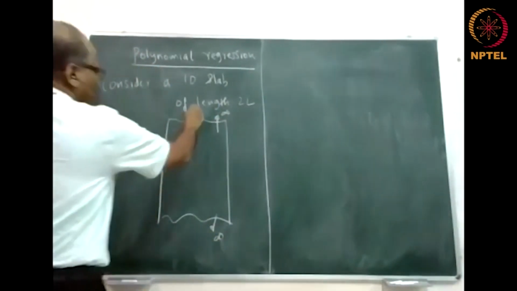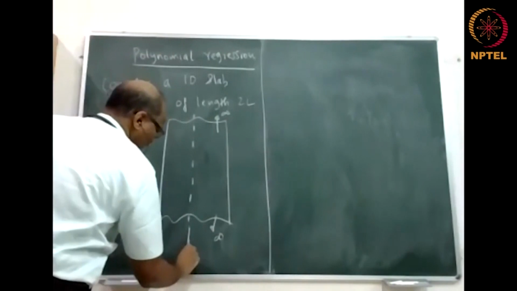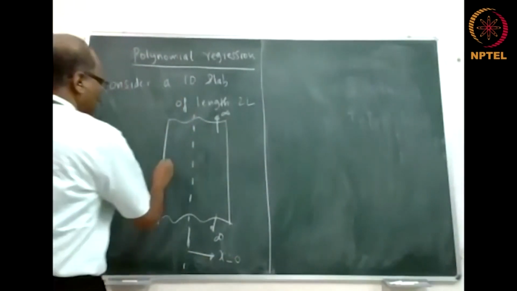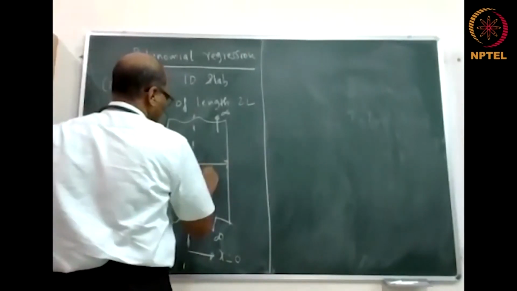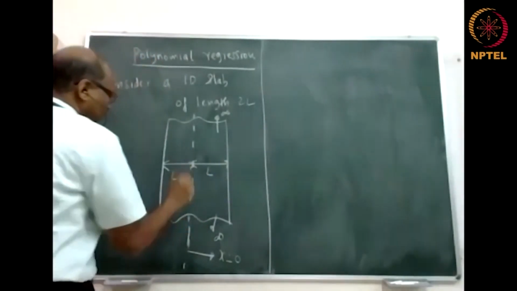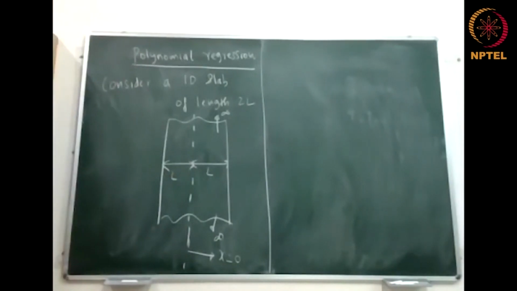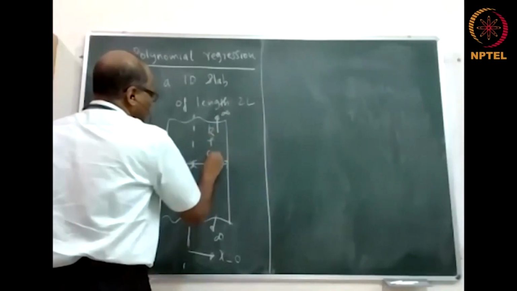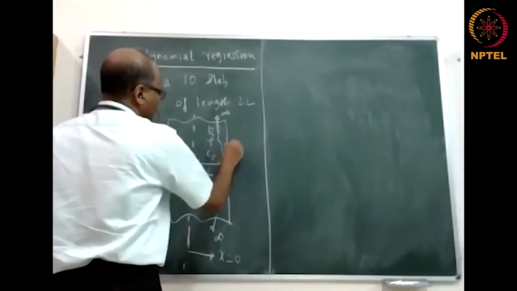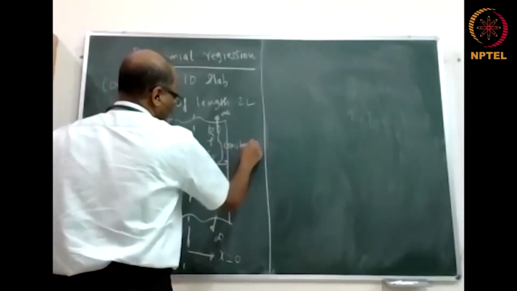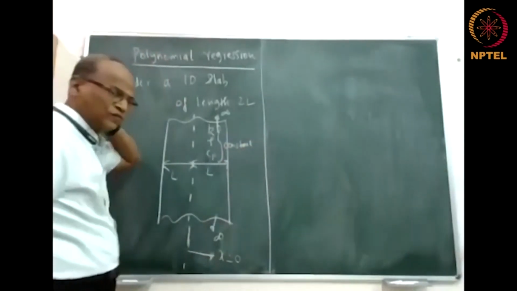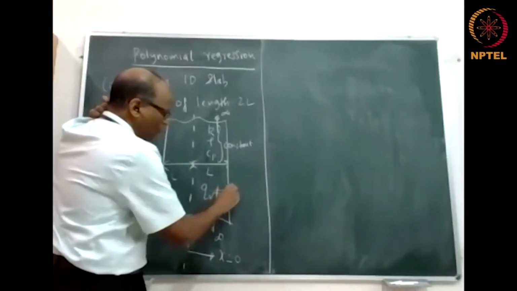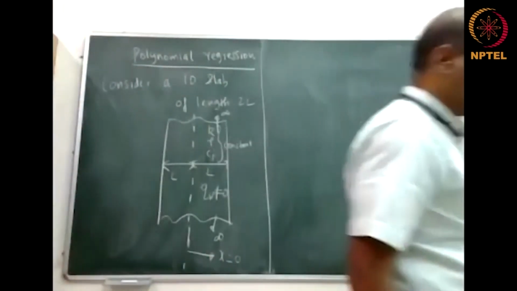Let it start at x equal to 0 here. This is L, this is L. Let us say that K, rho, Cp are all constant. However, there is a heat generation within the slab. QV is not equal to 0.